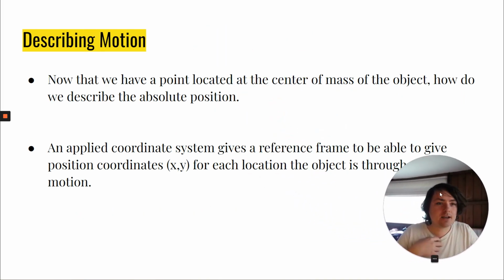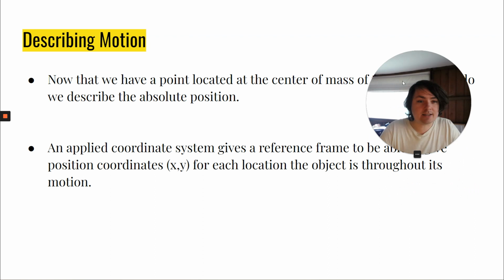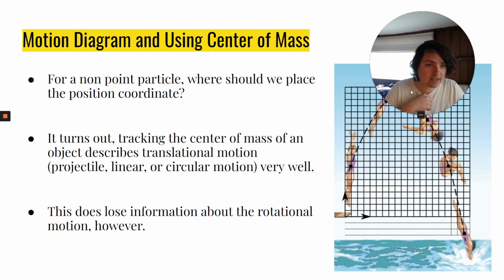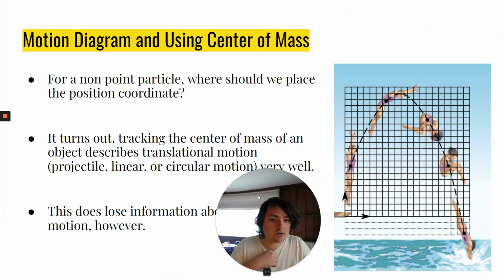Okay, so now that we have a point located at the center of mass of an object, how do we describe the absolute position? To do this, we use an applied coordinate system. This gives us a reference frame to be able to give position coordinates, in the case of the diver, in two dimensions, say x and y for horizontal and vertical position, for each location of the object throughout its motion.